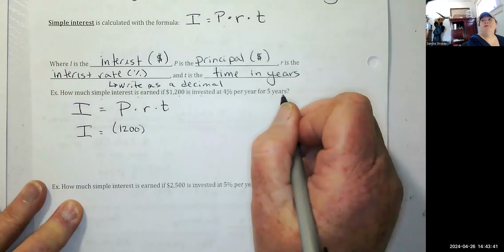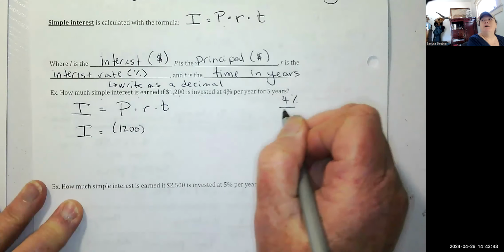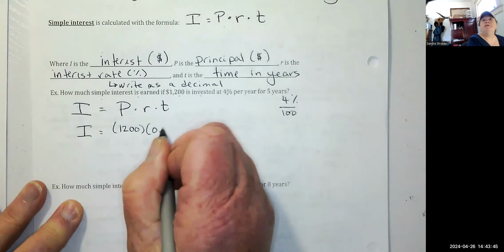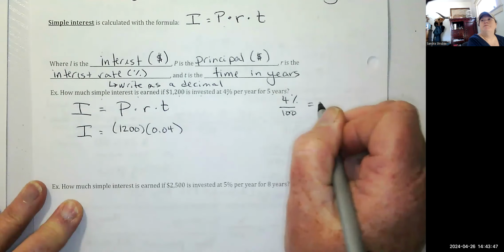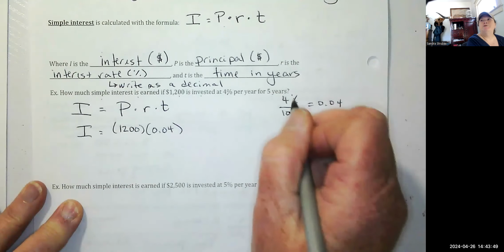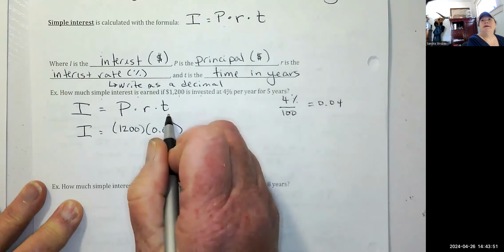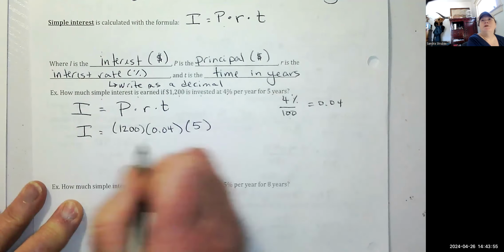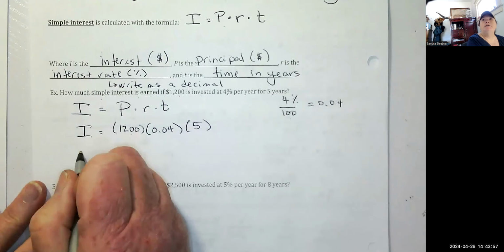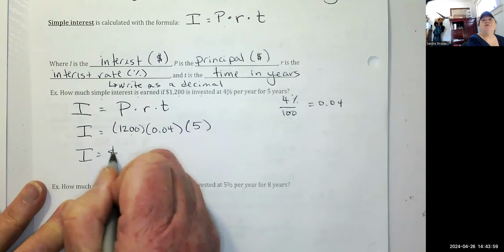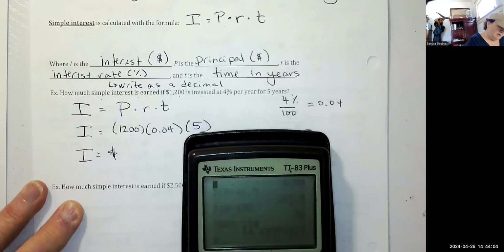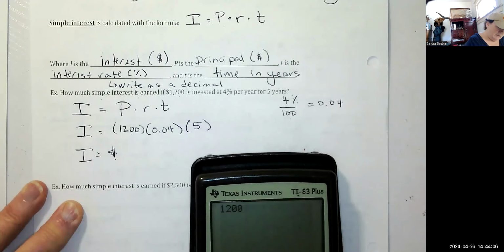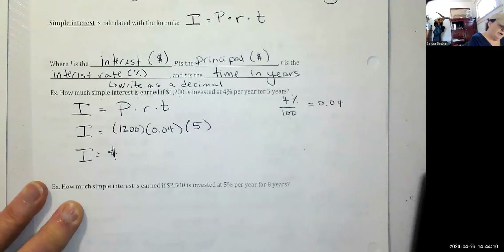At 4%, so we need to take our 4%, divide it by 100 to make it 0.04. Change it from a percent to a decimal. All right, and then our time is 5 years. We're going to multiply these three together, and interest is going to be dollars. So we've got 1,200 times 0.04 times 5 equals $240.